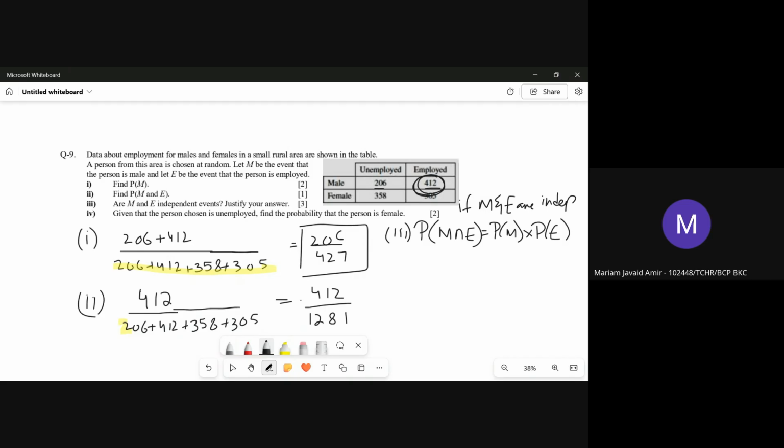So we've already found probability of M and E, which came out to be 412 upon 1281, equated to probability of M. Probability of M we also found in part 1. So 206 over 427 times probability of employed people. So these many people are employed, 412 plus 305 divided by total was 1281.